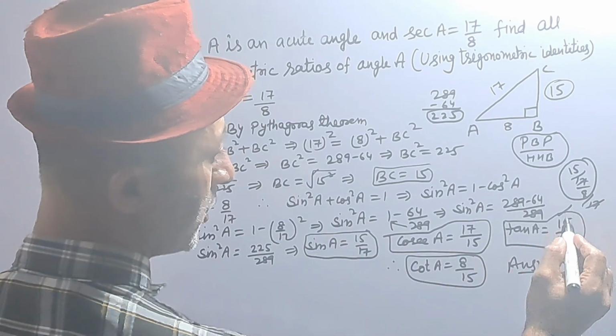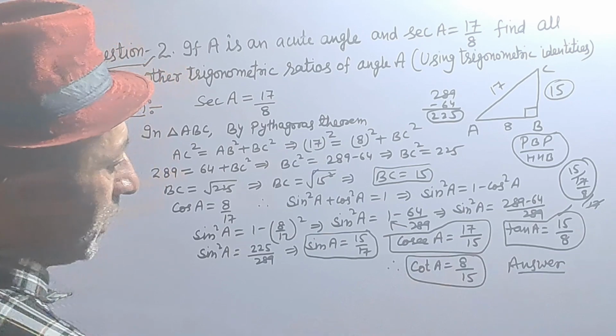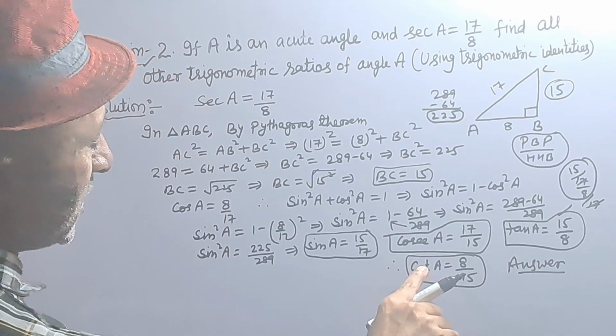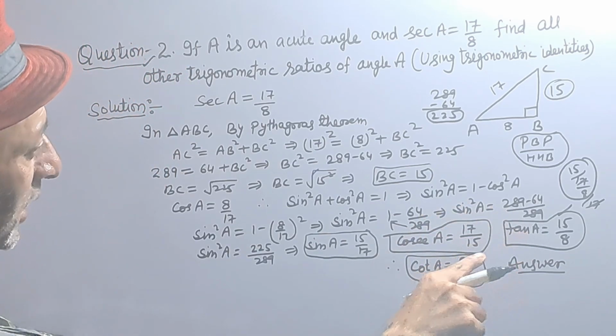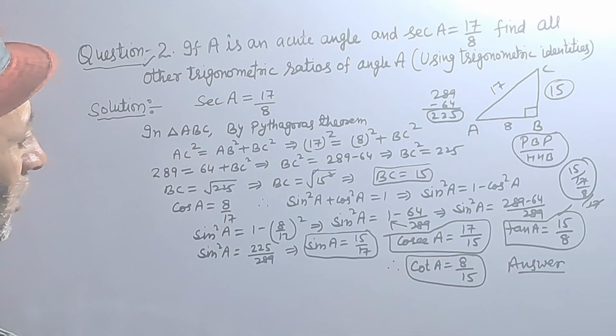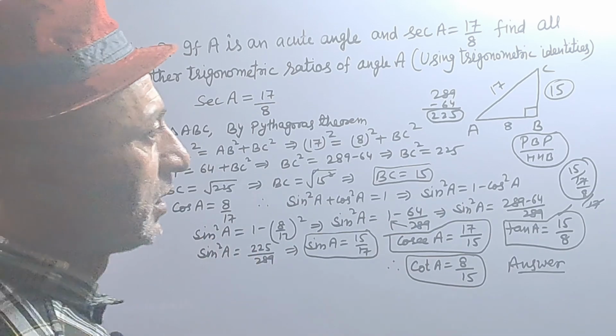We get tan A is equal to 15 upon 8 and cot A is reciprocal of tan A, that is 8 upon 15. Answer. Thank you.